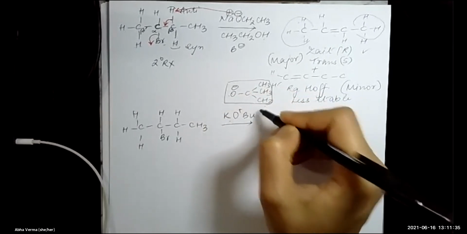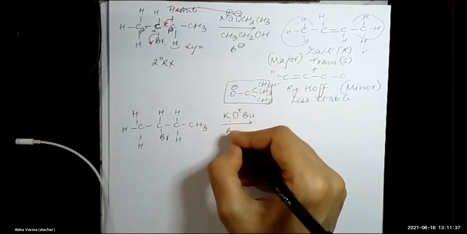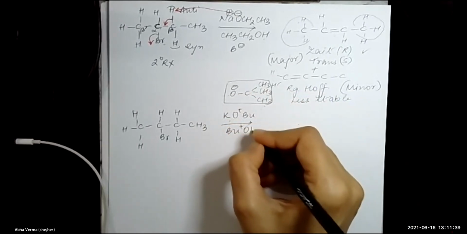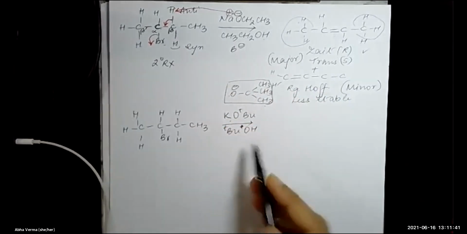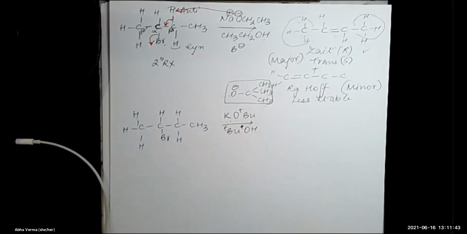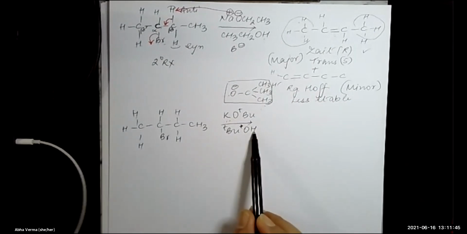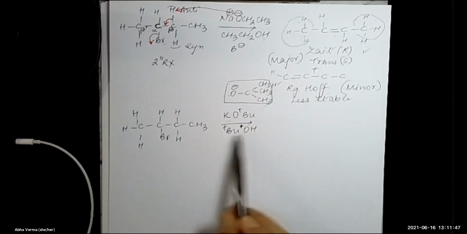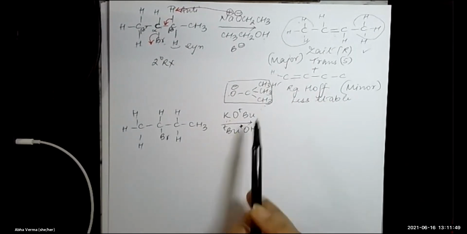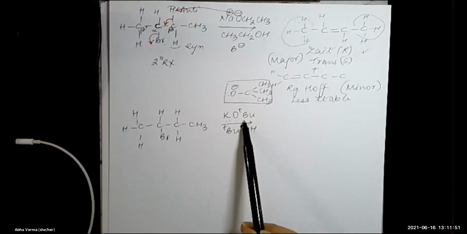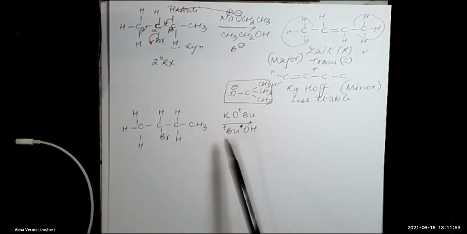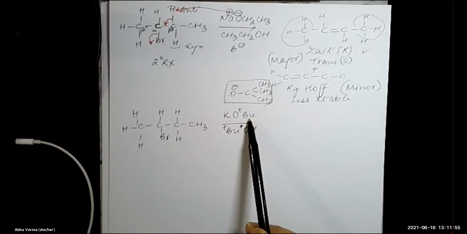So what you have on your hand, butanol. I have a tertiary butanol and tertiary butoxide. Remember, this protic material is only here to keep a continuous supply of your base.